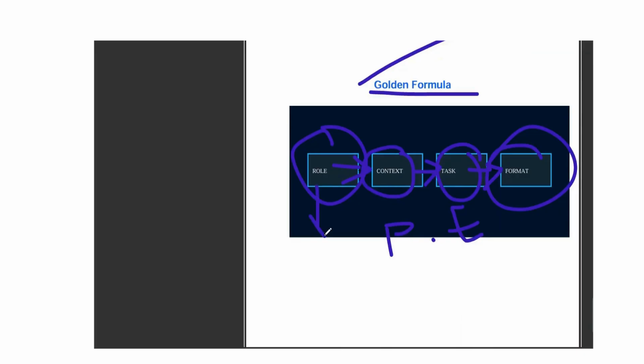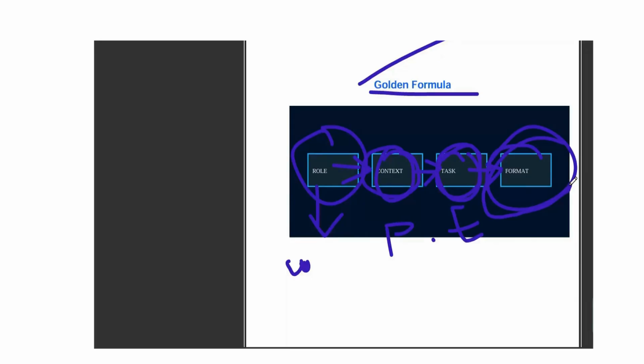For example, I'm telling AI, act as a career counselor. I'm giving career counselor as a role, right? And I'm a third year engineering student preparing for placements. This is the context. Create a 30-day roadmap. I'm giving the task to create a 30-day roadmap and show it in a table.